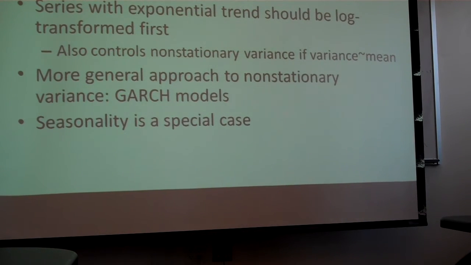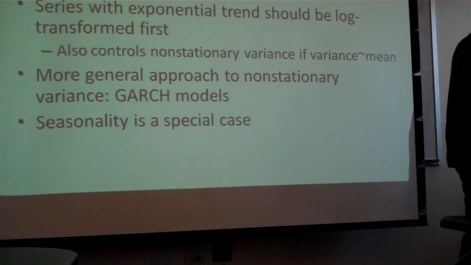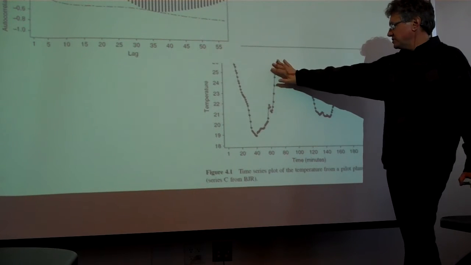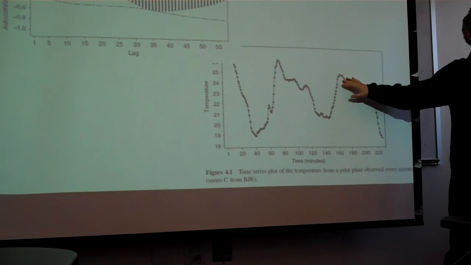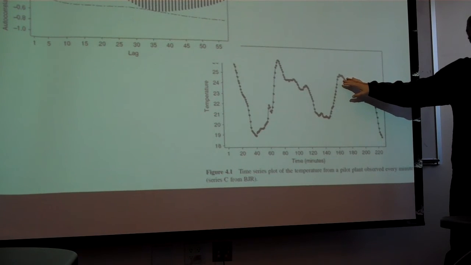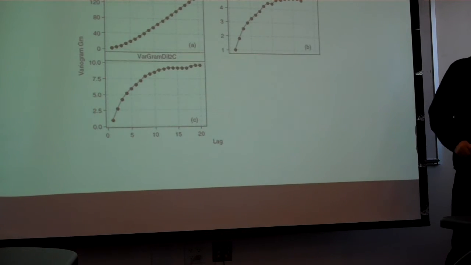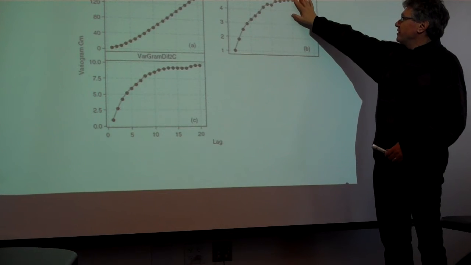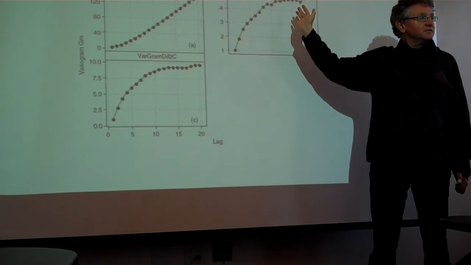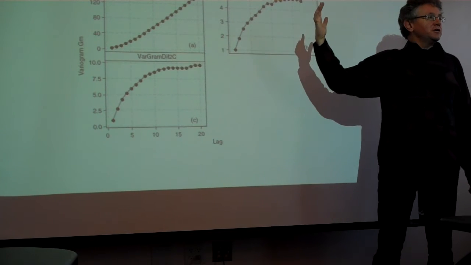If you have a series like this, first differencing also typically gets you what you need. And this variogram is the variogram of the first difference of that time series. Sometimes that's not enough.